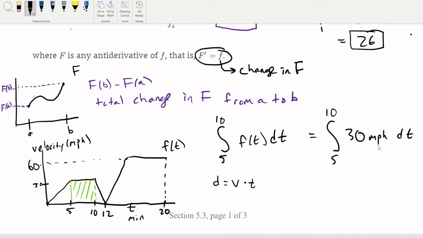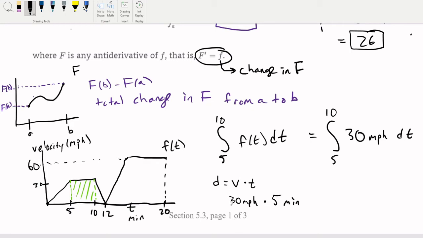So, I'm going 30 miles per hour times the total difference here, which is 10 minus 5, which is 5 minutes. From only knowing the speed and how long I'm going that speed, I can get the total distance that I've traveled.